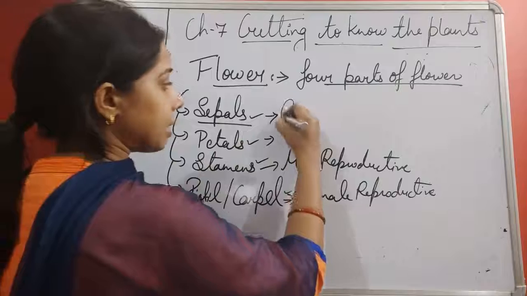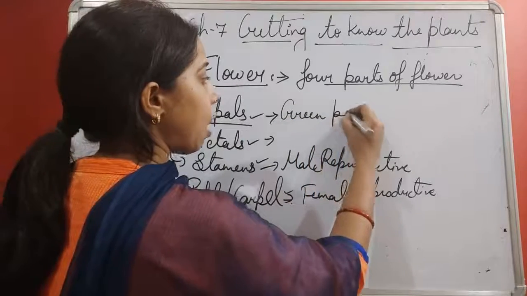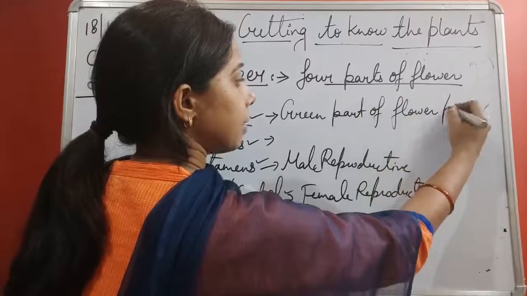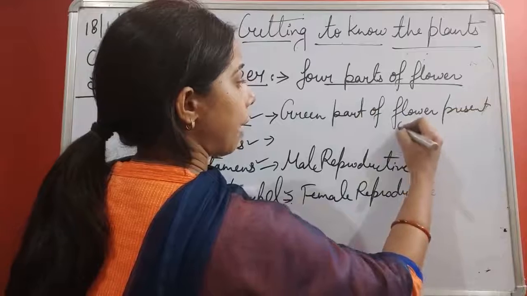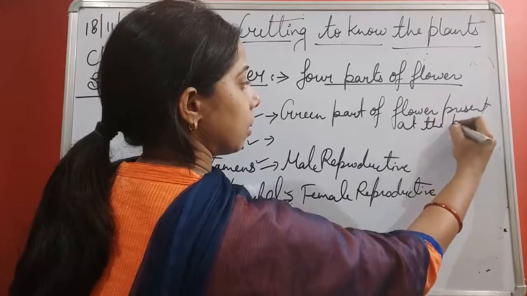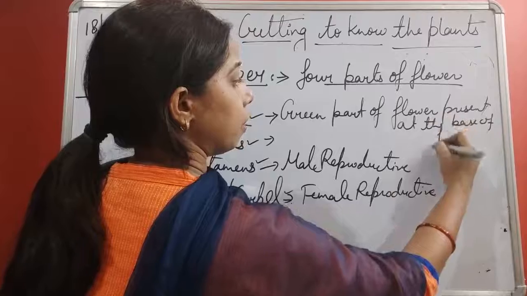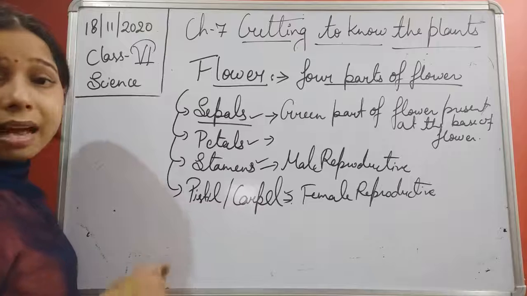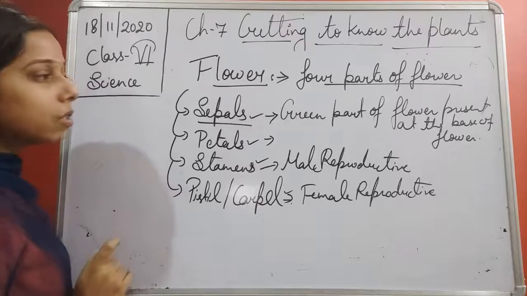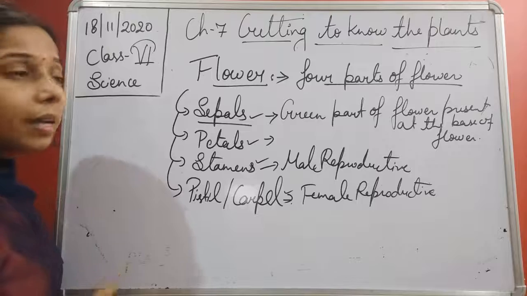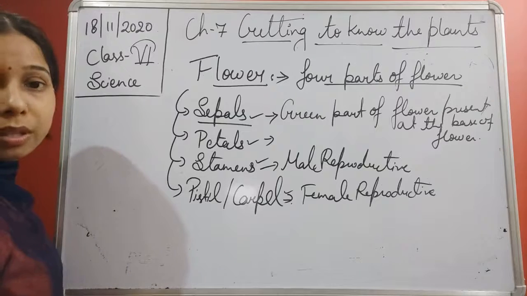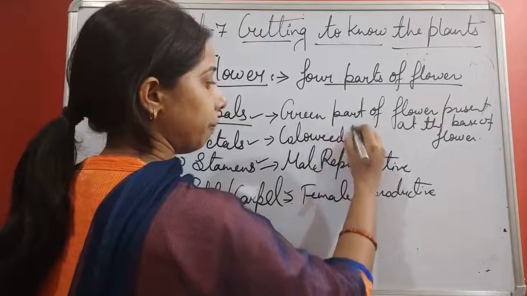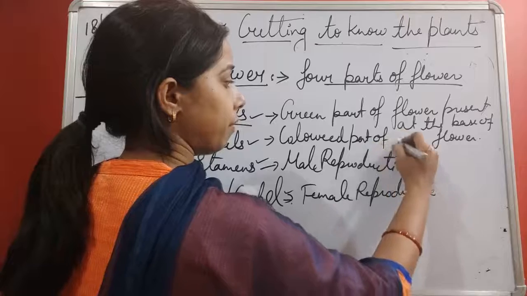So we can say that the green part of the flower which is present at the base of the flower is known as the sepal. If we talk about the petals, students, petals are generally the colored part of the flower.